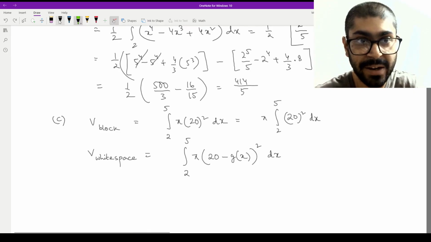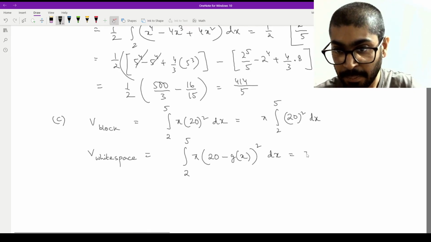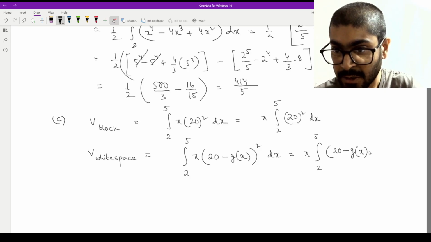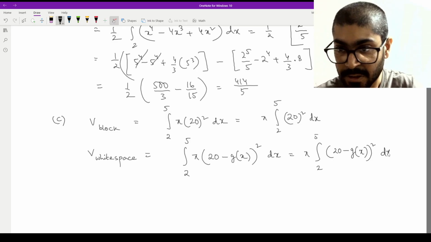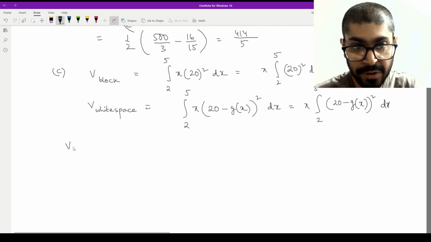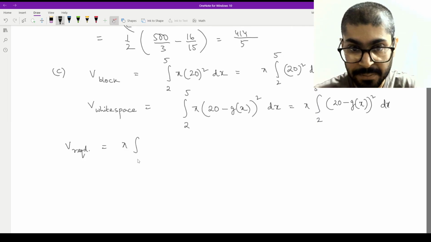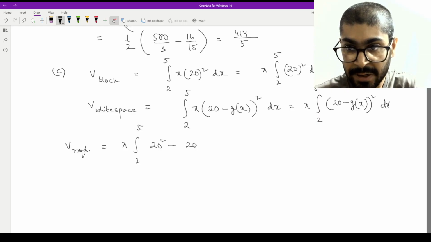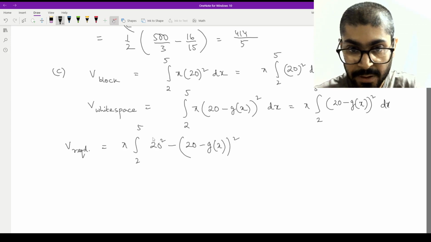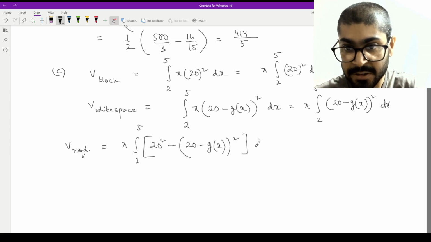So this is (20 minus g(x)) whole squared, which is pi times the integral from 2 to 5, pi constant again, of (20 minus g(x)) whole squared dx. So the required volume V will be equal to, pi being common if I subtract them, pi times the integral from 2 to 5 of 20 squared minus (20 minus g(x)) whole squared dx.